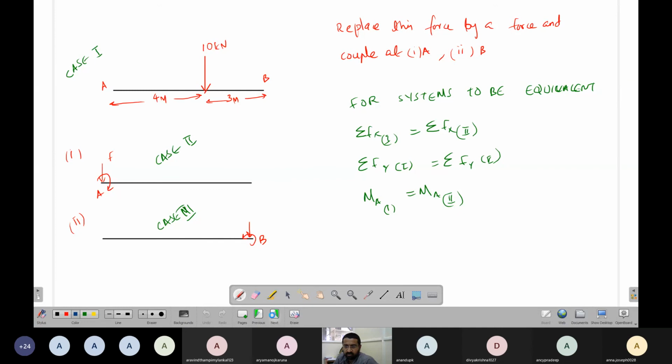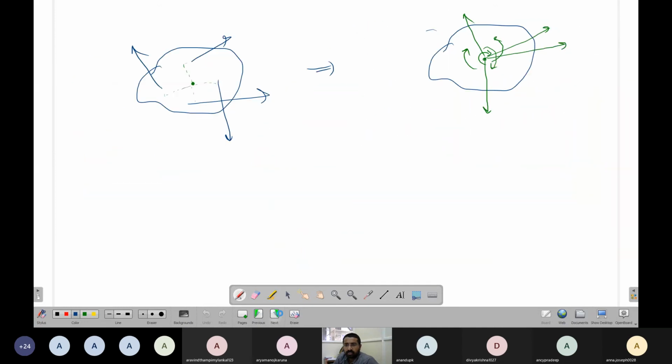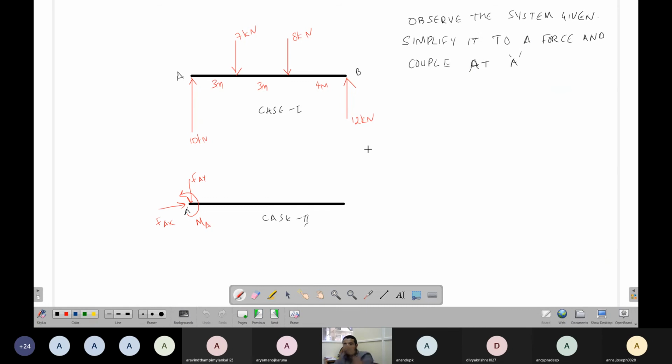So this we discussed. Then we also discussed multiple cases. We are shifting the force to this point, or we can say we are shifting to an equivalent system.